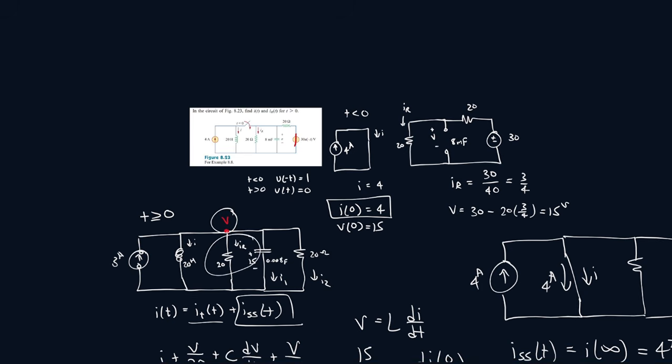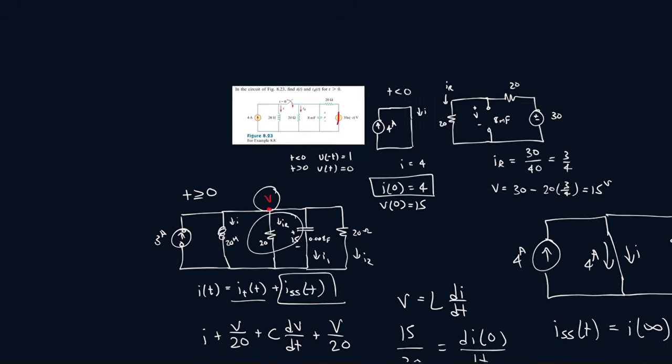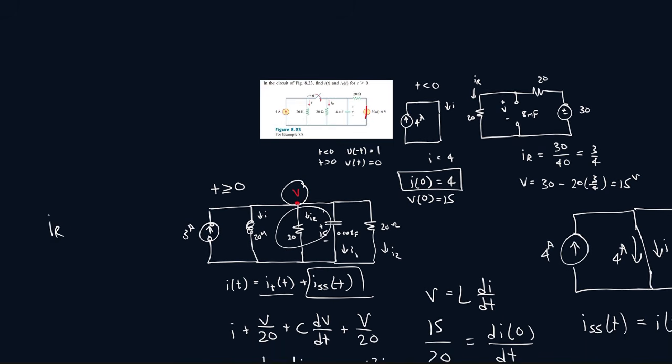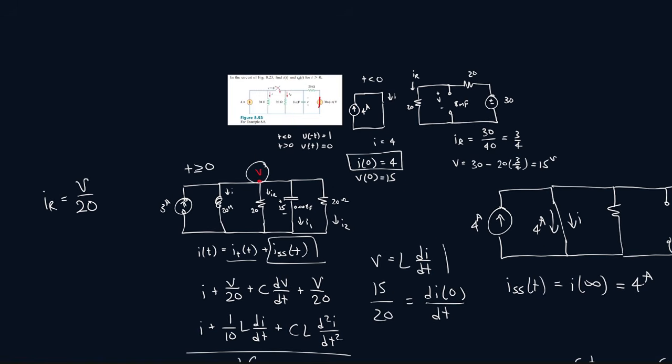Now we need to find I_R passing through this resistor. So I_R is going to be V over the resistance, which is 20. And we know that V is also equal to the inductance times di over dt.